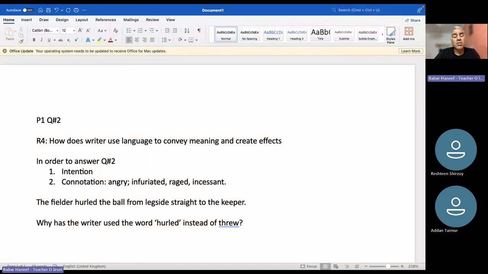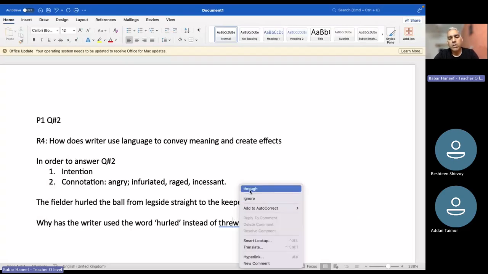There you have to read the intention of the writer, and you have to look at the connotation of the word. That is what you need to keep in mind: what could be his intention and what is the shade of the meaning.